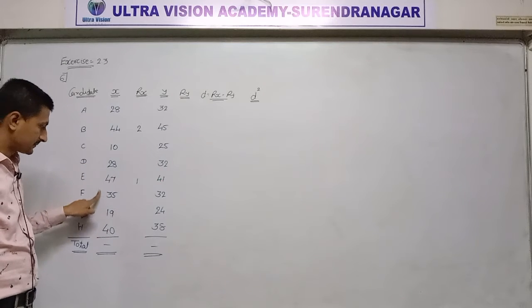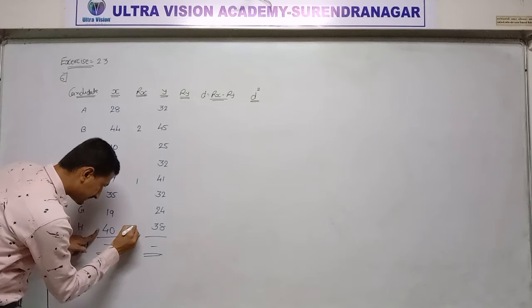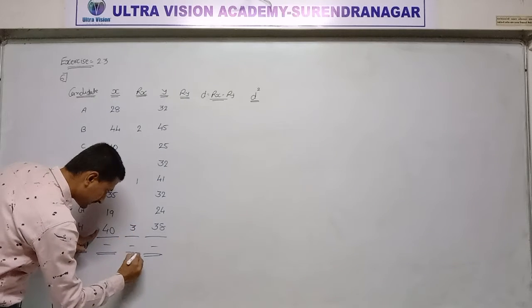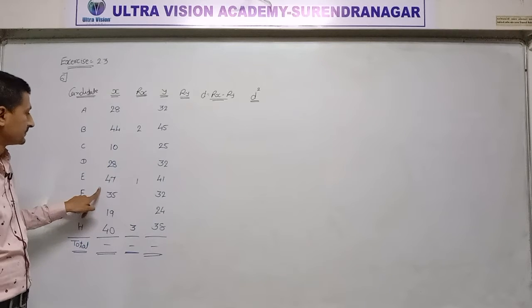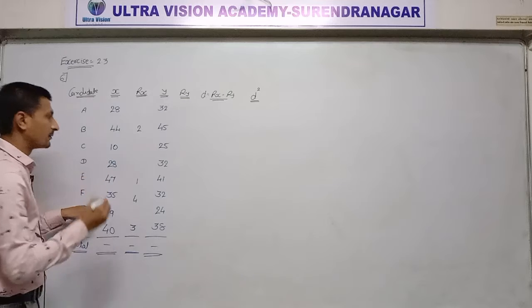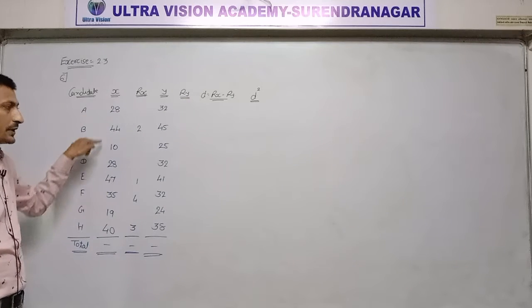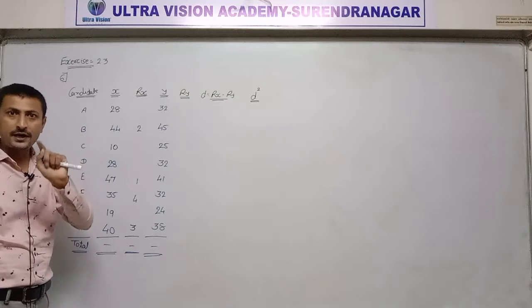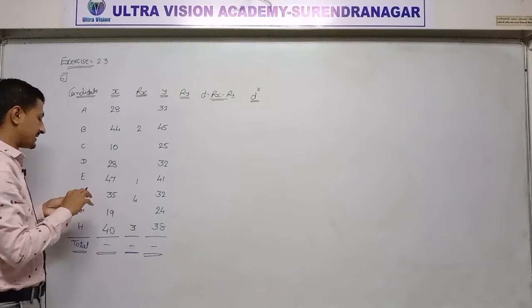Next 40, the third rank. Next 35, the fourth rank. Next 28; the value 28 is repeated 2 times, so the ranks are 5 and 6.